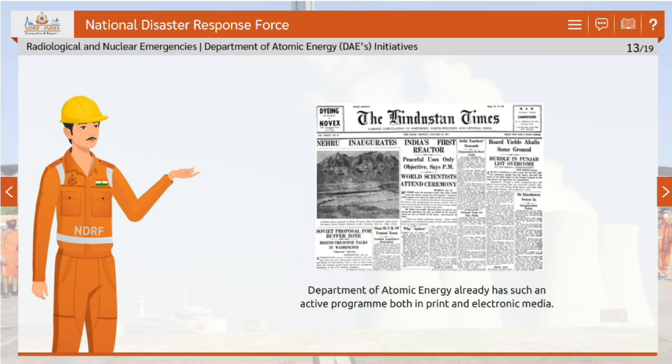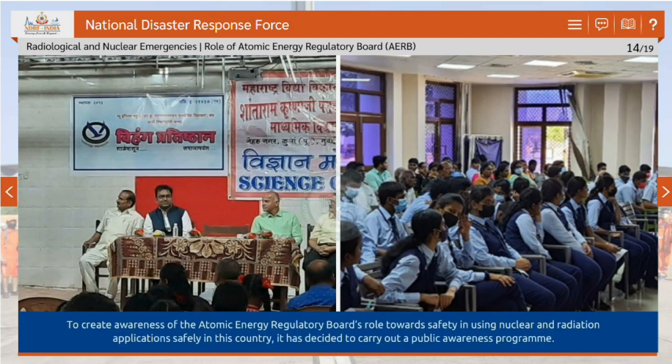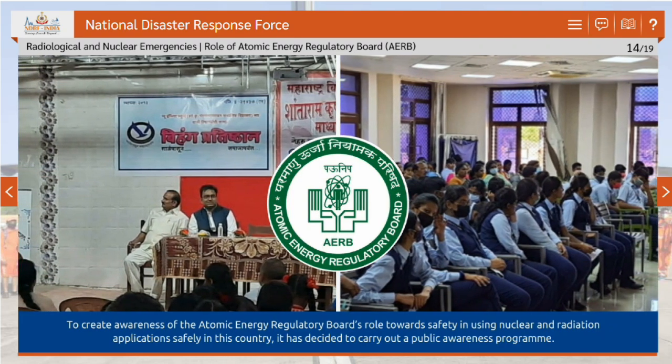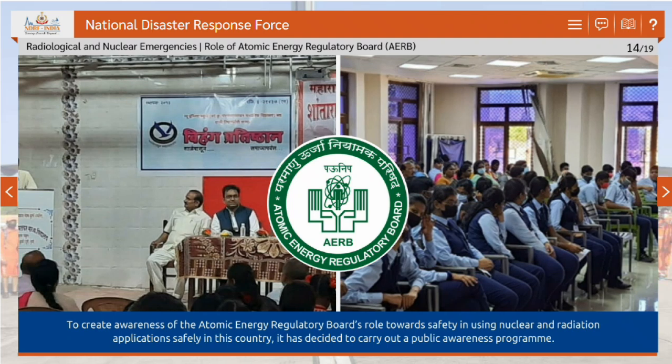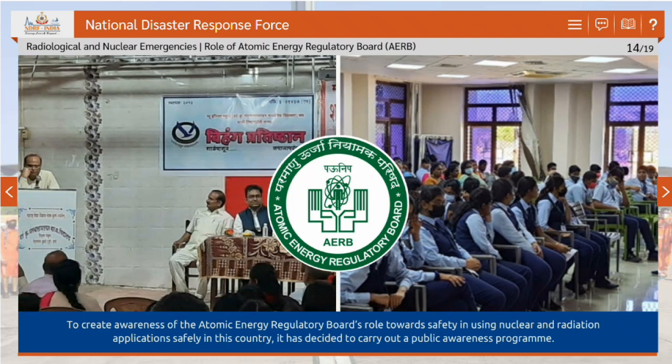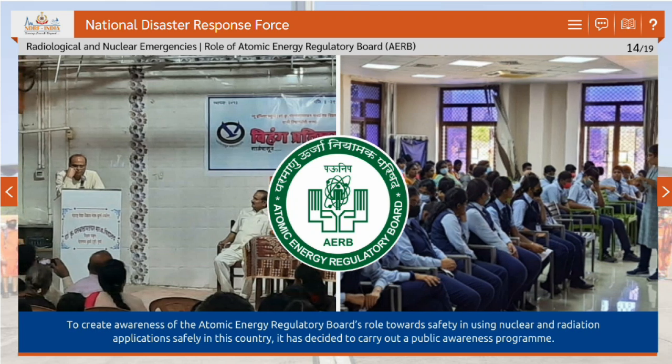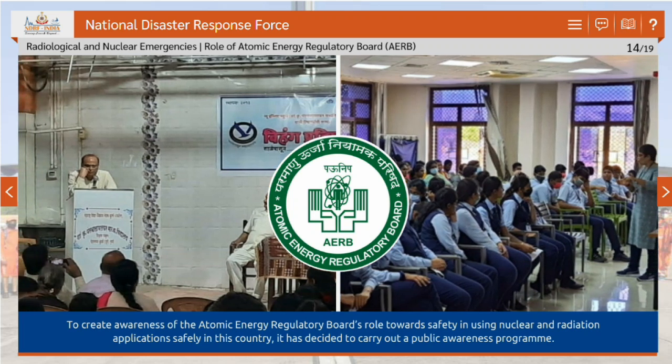Now, let us further learn about the role of the Atomic Energy Regulatory Board. To create awareness of the Atomic Energy Regulatory Board's role towards safety in using nuclear and radiation applications safely in this country, it has decided to carry out a public awareness program and also organize and participate in such programs organized by others.